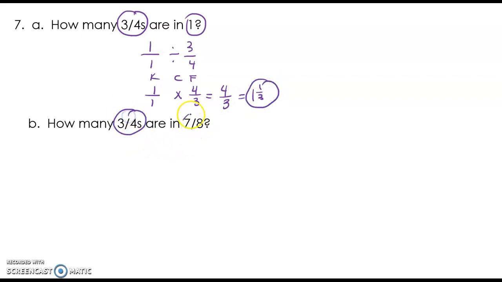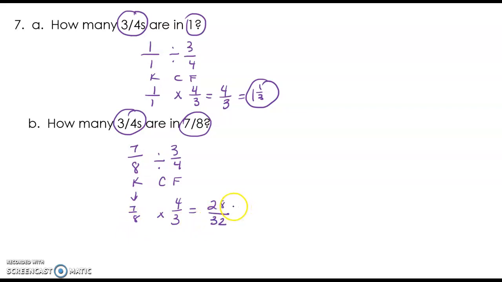How many 3/4 are in 7/8? So 7/8 divided by 3/4. I keep, change, flip. Keep this, change to multiply, flip this. 7 times 4 is 28. 8 times 3 is, it's gone, 32, sorry. And I think I can reduce this.